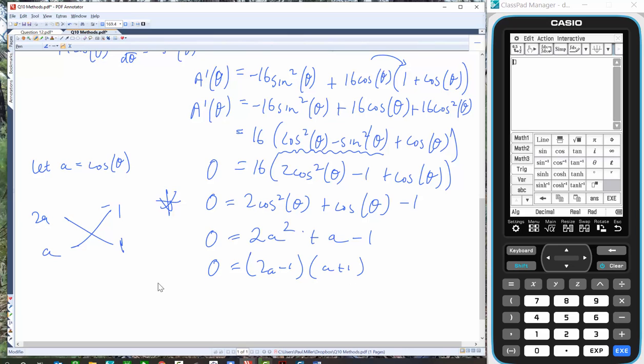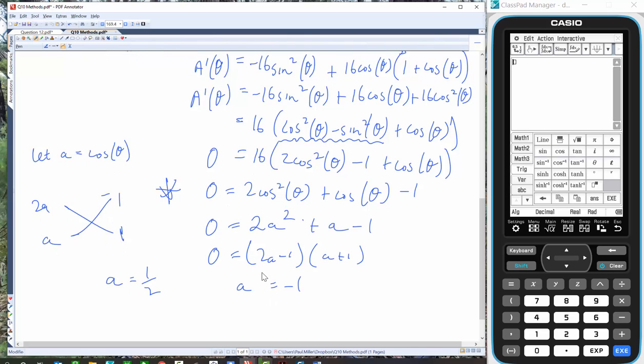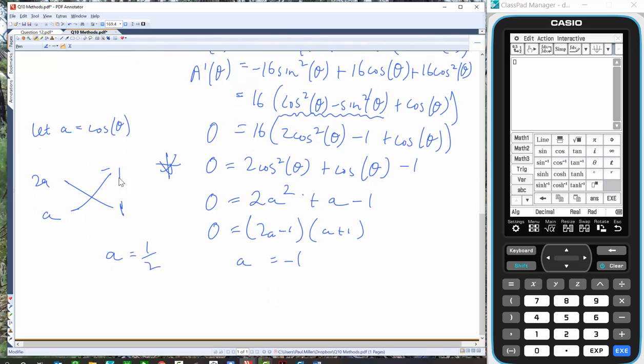All right, now let's go ahead and solve for a. So a equals a half and a equals -1. So I'm going to resub a back in. So cosine theta equals a half, cosine theta equals -1. Now what we're going to do is solve these.